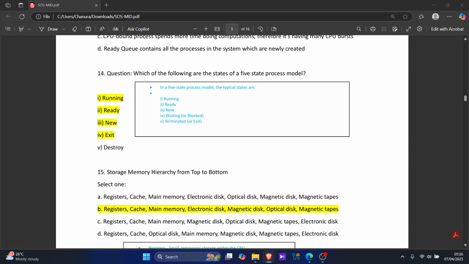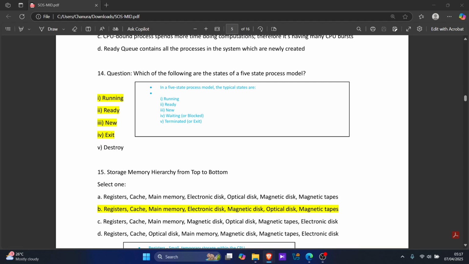So given that the options provided by the user include destroy instead of waiting, maybe the user is incorrect, but according to their list, the answer would be the ones that are part of the standard 5-state model. So among the options given, new, ready, running, exit are definitely part of the 5-state model. The 5th state should be waiting/blocked, which isn't listed here. So destroy is not part of the 5-state model.